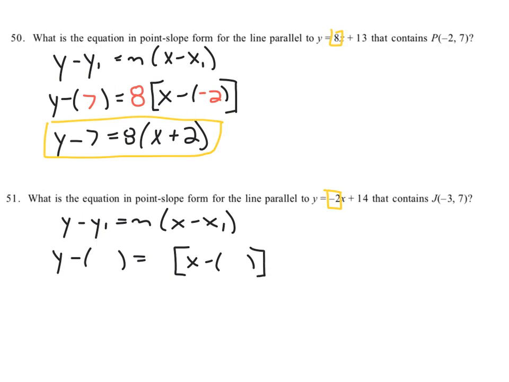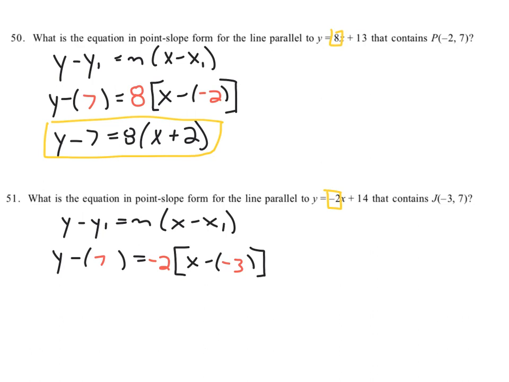Okay, so then what do we have for the slope? The equation that they gave us has a slope of negative 2, and our line is parallel to it. So we've also got a negative 2 slope, and the x coordinate of the point that they're giving us is negative 3, so we fill that in, and the y coordinate is 7.